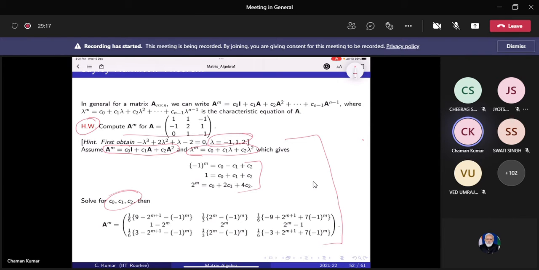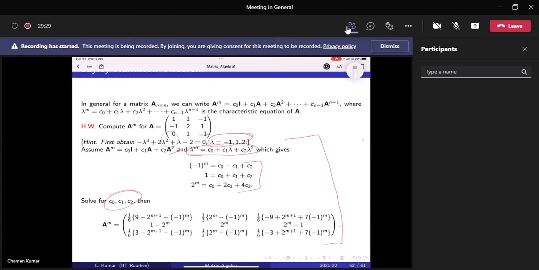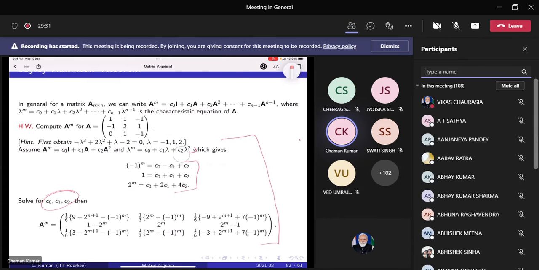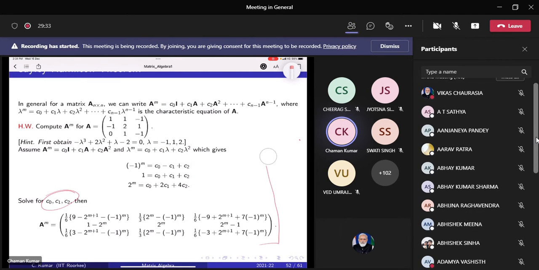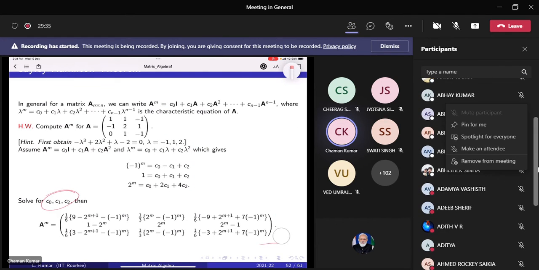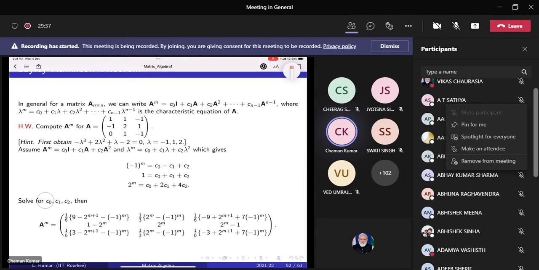Substitute the values of the eigenvalues in this equation and solve this for these constants. Okay. So I leave this for you to read. This is just the extension of the previous example for the 3x3 matrix. So nothing complicated at all.